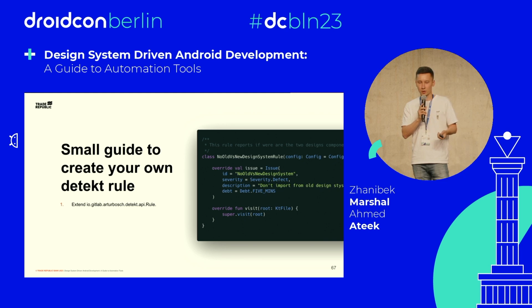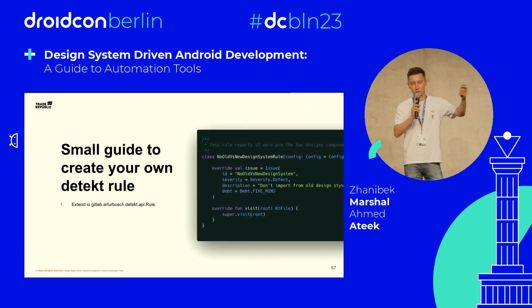So this is a small guide on how to write your own rule. There were, of course, other speakers who have shared their learnings on how to write the rules, but this is how we simply created that. So we wanted to create a new design screen. Then don't use the same design system from the legacy and the new version of the design system.